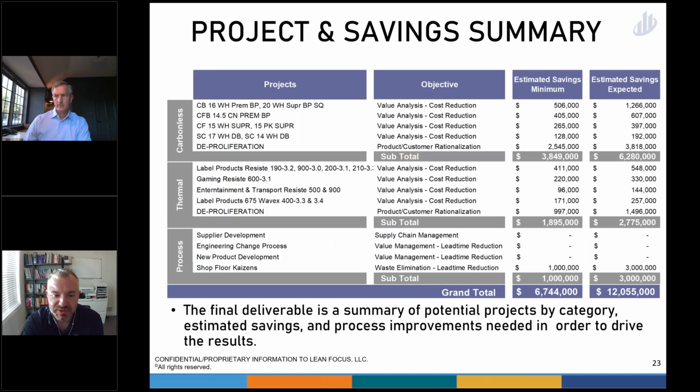Here is just a high-level summary of an example of the savings that were identified as part of a portfolio analysis. This isn't this particular client, but it is an example. We have projects identified by product line, what the objectives are, and what we think the min and max estimated savings impact would be, so you have a range of savings in this example of 6 to 12 million.